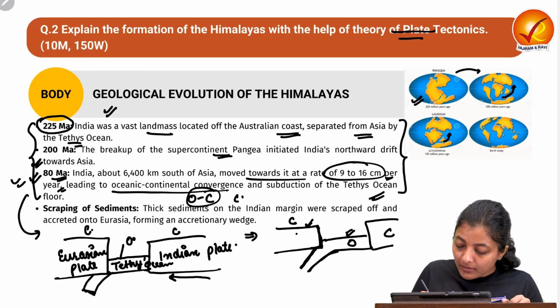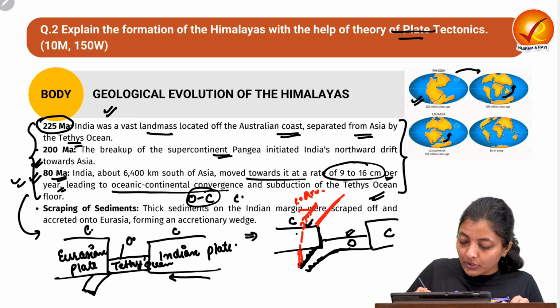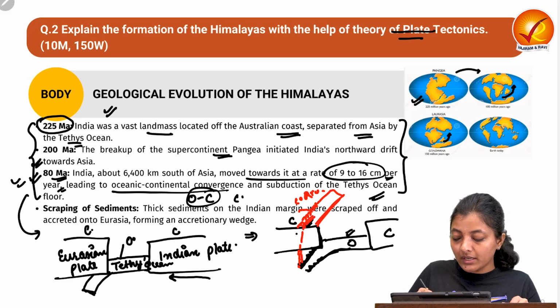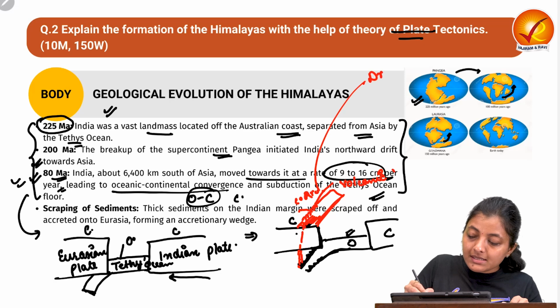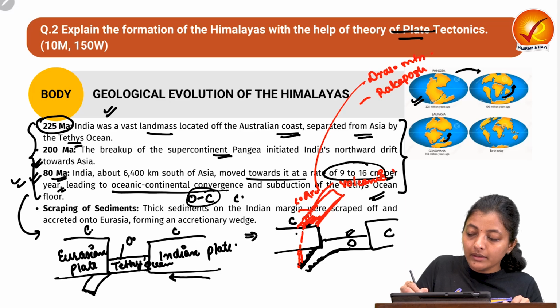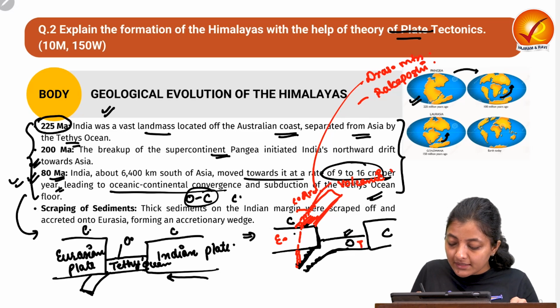While subducting, this plate gets partially melted and comes up as volcanic mountains. This is the continental arc. This mountain arc is volcanic in nature. This is the apt example of the Dras Mountains, Rakaposhi Mountain in the Himalayas.